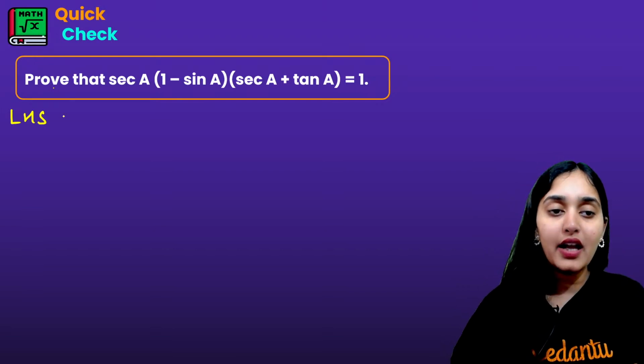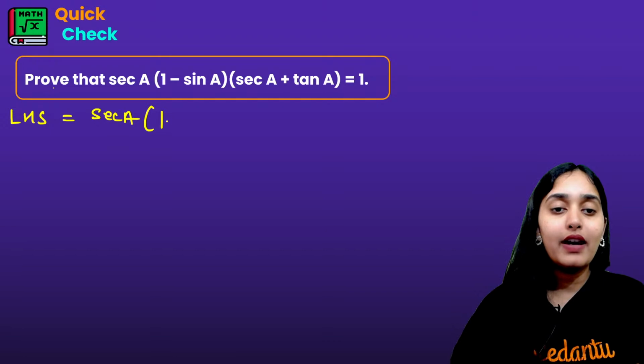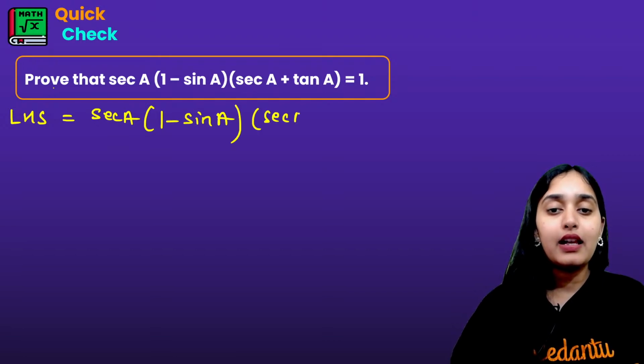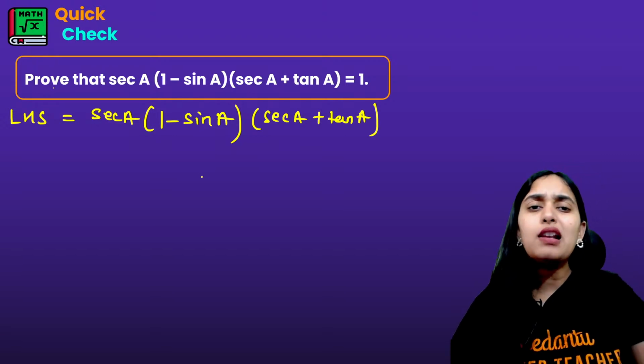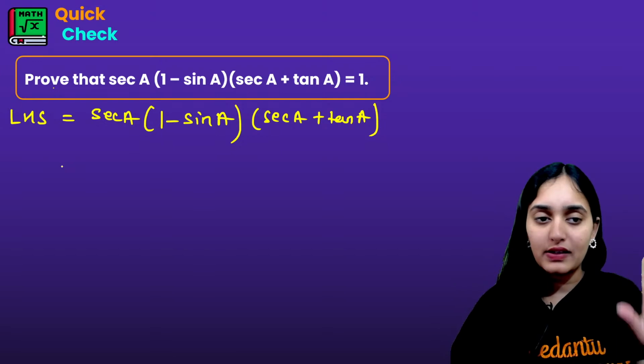Left hand side is secant A into 1 minus sin A, into secant A plus tan A. Let us convert them all into sin and cos.